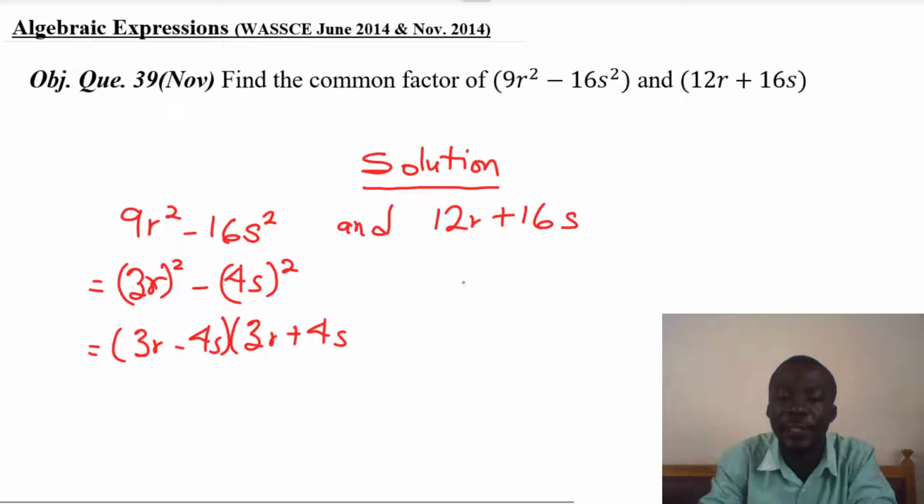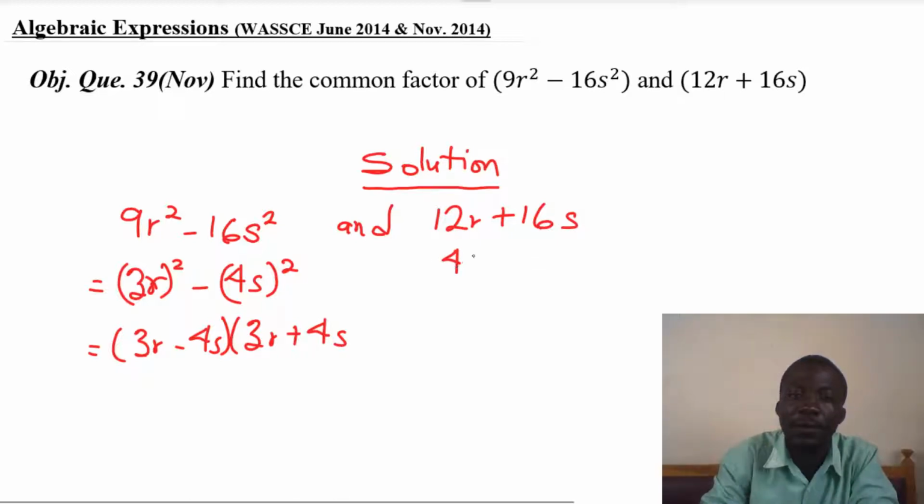Now in our second expression, we can factor 4 here. Thus 4 can divide 12 and 16. So our greatest common factor will be 4. So for the variables, we cannot factor anything. So 4 into 12 will yield 3 multiplied by r, so 3r.